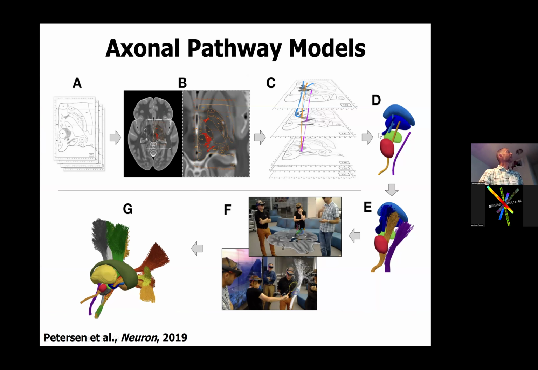Then we can create anatomical priors of what we think these trajectories should be, populate that with splines, and then have real anatomists come in and say, well, yeah, that looks right, but it's probably wrong. So let me tell you how to do it right. And then spit out something that you would call an anatomist three-dimensional consensus drawing of these pathways in the brain.